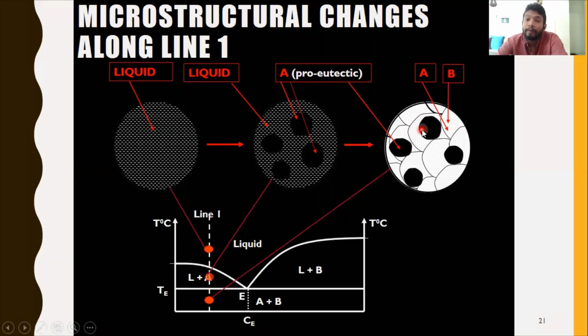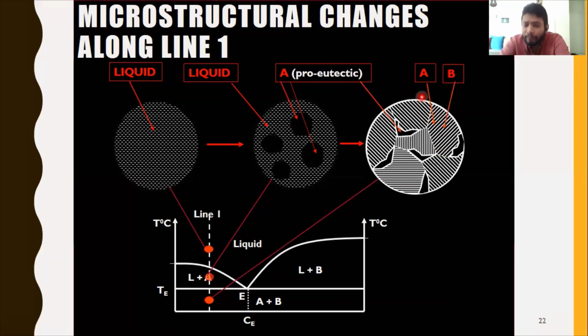Once solidified, this pro-eutectic A will be pushed into the grain boundaries. A, you go to the grain boundary line.